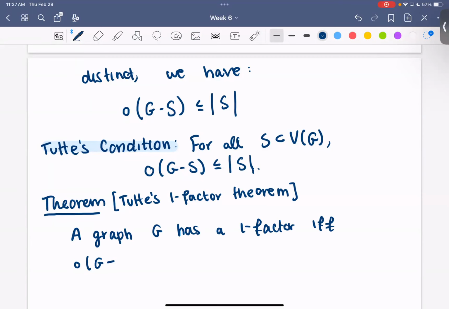So O(G minus S) is less than or equal to the size of S for every S subset of V(G).